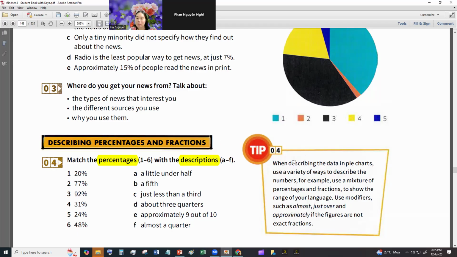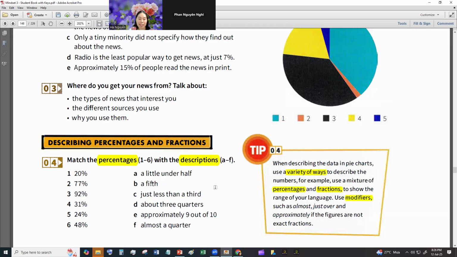Remember, when describing the data in pie charts, use a variety of ways to describe the numbers. For example, use a mixture of percentages and fractions to show the range of your language. You can also use modifiers such as almost, just over, approximately, if the figures are not exact fractions.